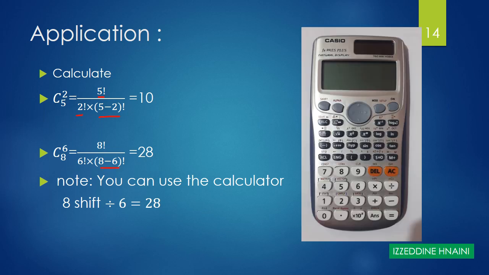You can use the calculator to find C(8, 6). First press 8, then shift, then the division, then 6, then equal.